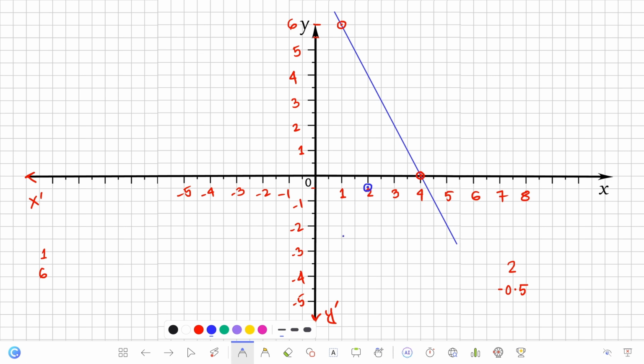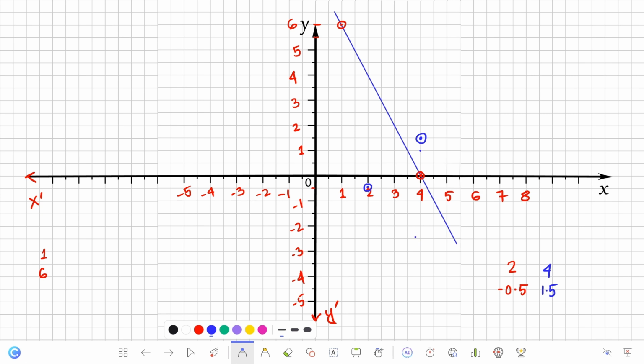Okay, then the second point is 4, and the y value is 1.5. So we will travel up to 4 and then 1.5. This is 1, and here it will be 1.5. So that is our second point.